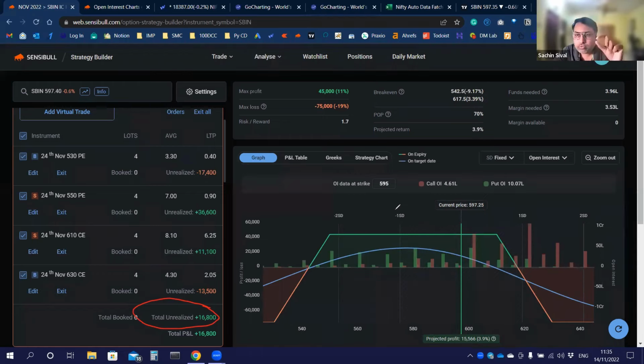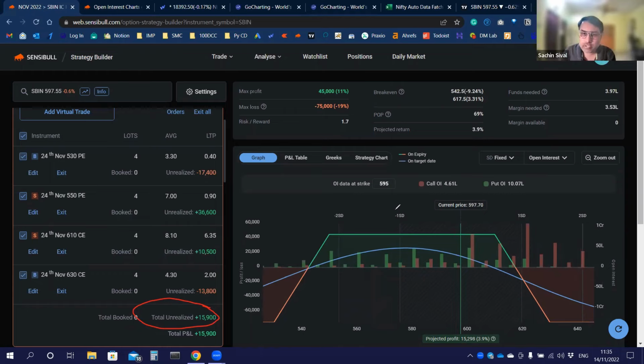If you know when to react, you can manage your trade more professionally. And this is what I am teaching in the mentorship program. I'm not just teaching you the entry rule, the exit rule and the adjustments, but I will be there to handhold you on when to react.